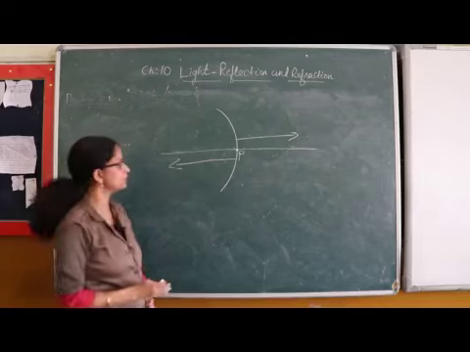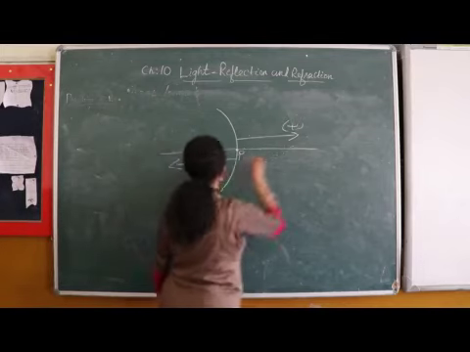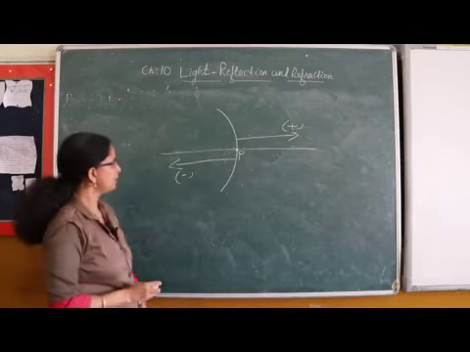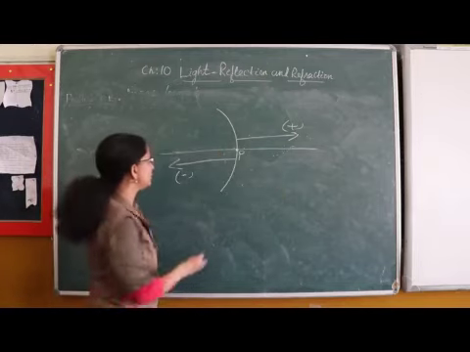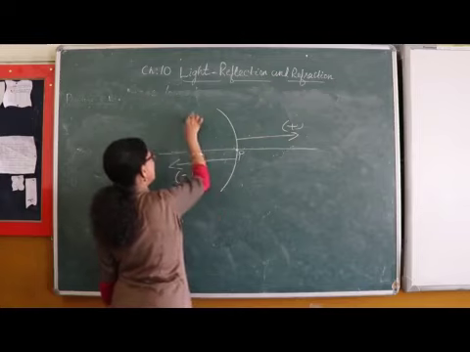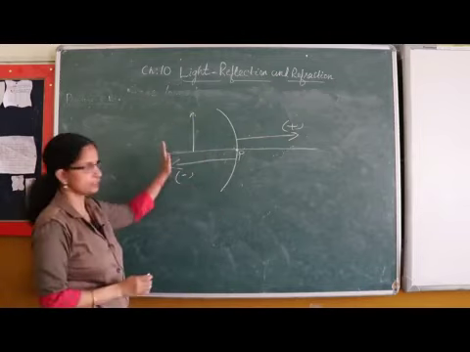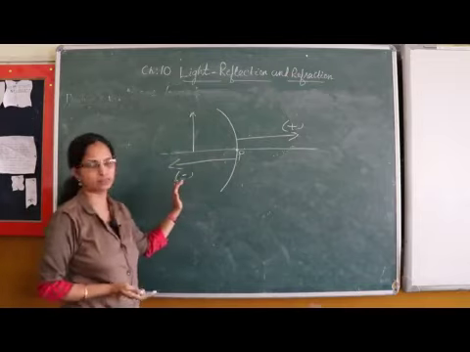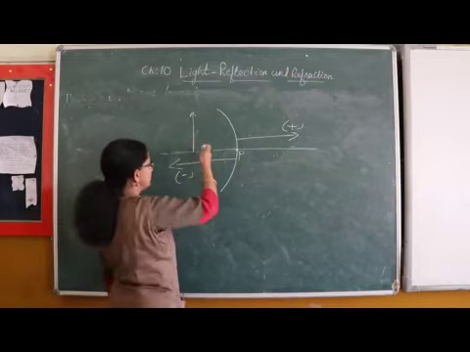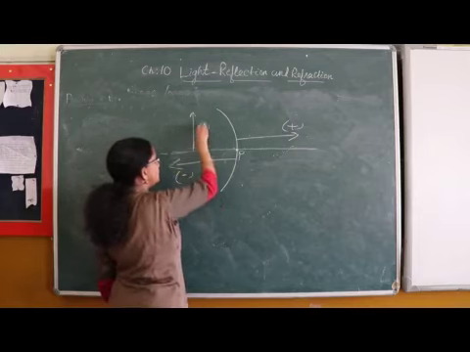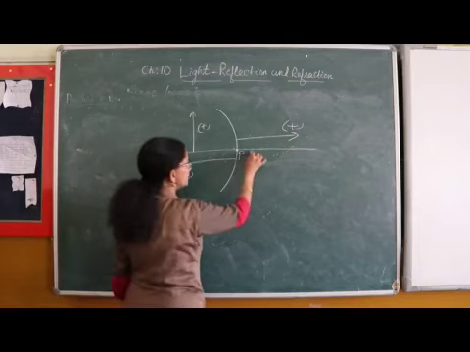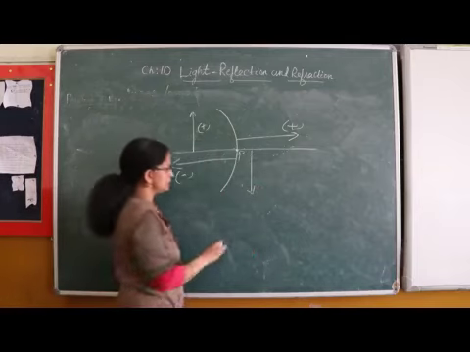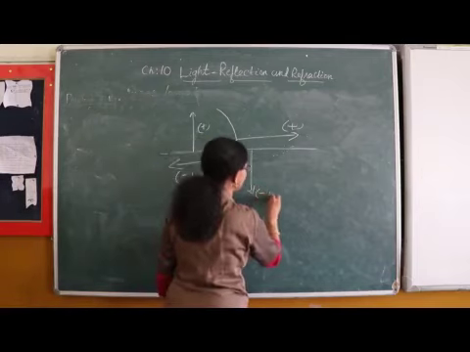All the distances measured perpendicular to and above the principal axis, from the pole, are measured as positive, and the distances below the principal axis are measured as negative.